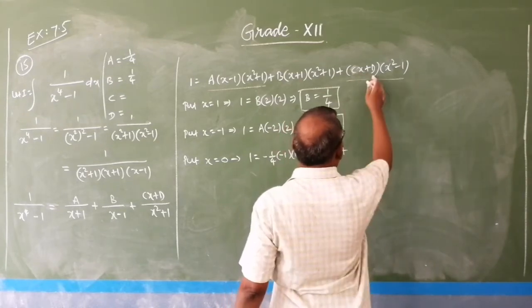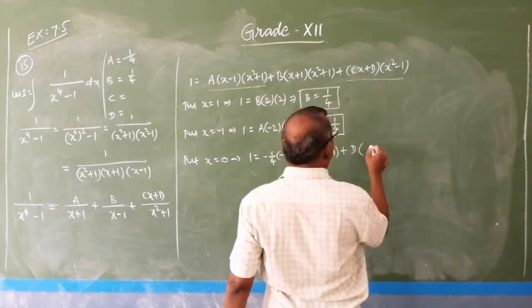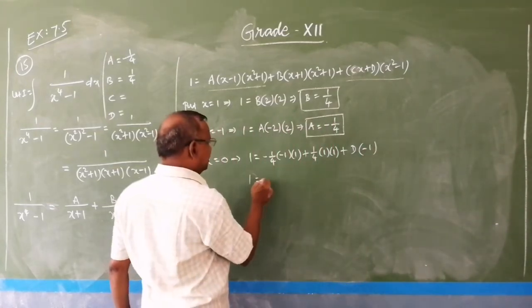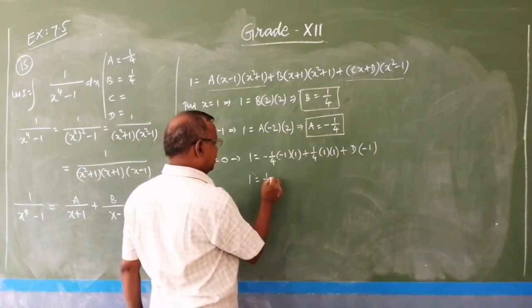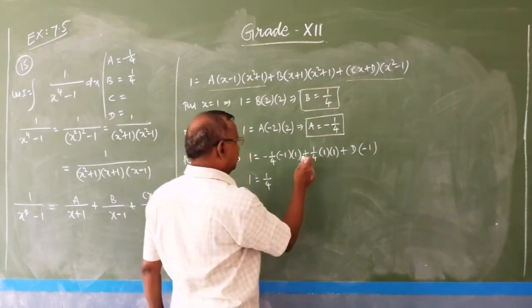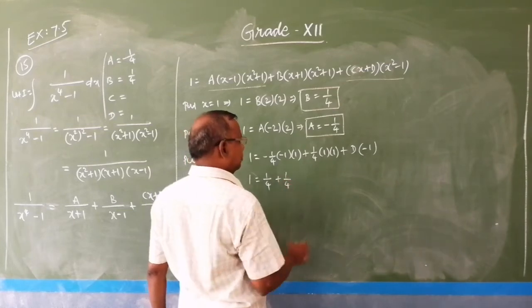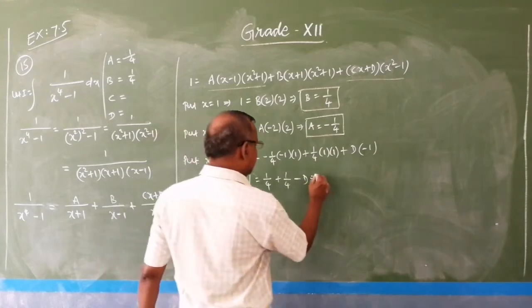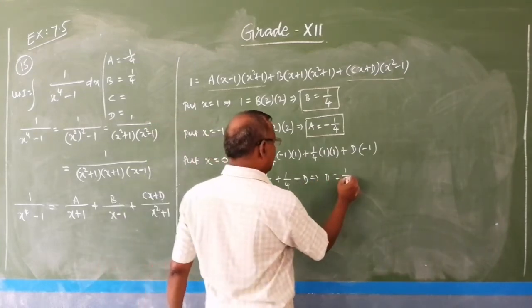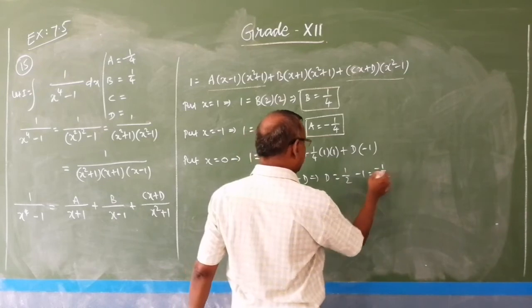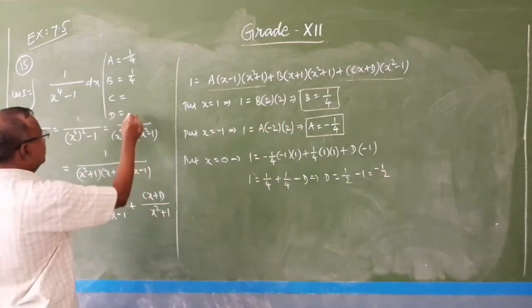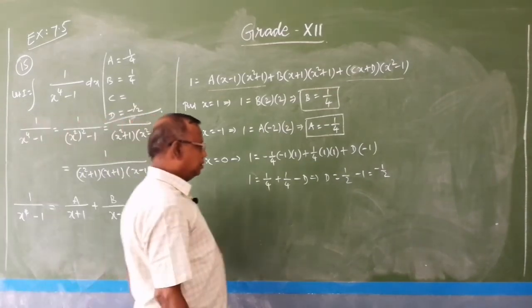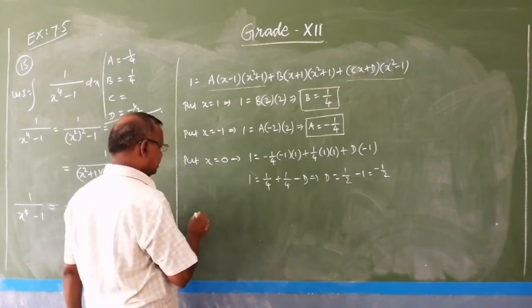So c equal to 0, again d into 0 means minus 1. So 1 equal to minus into minus plus 1 by 4 and plus again 1 by 4 minus d. So minus d becomes here, that is d equal to 1 by 2 minus 1 equal to minus 1 by 2. So the value of d equal to minus 1 by 2.